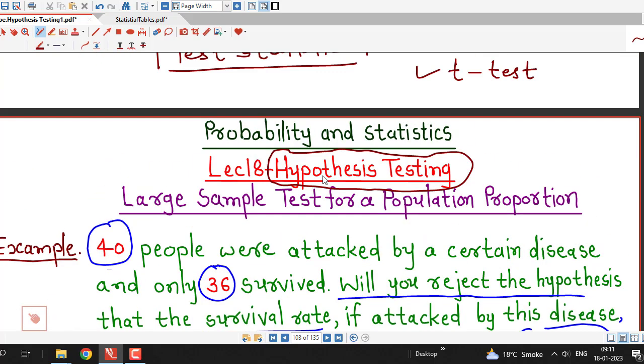First we have seen a large sample test for a population mean, then a small sample test for a population mean, then the large and small sample tests for the difference between two population means. Now we are discussing the large sample test for a population proportion, and after this we will discuss the large sample test for the difference of two population proportions.